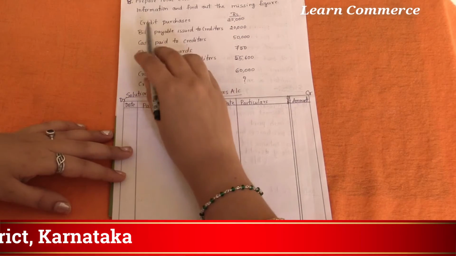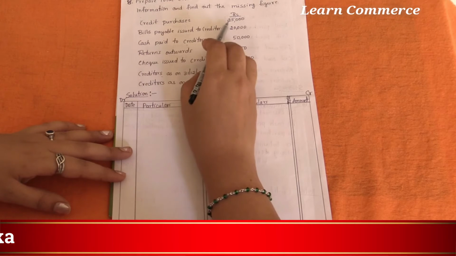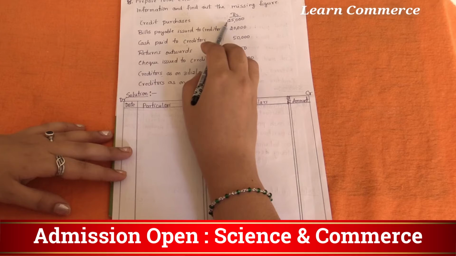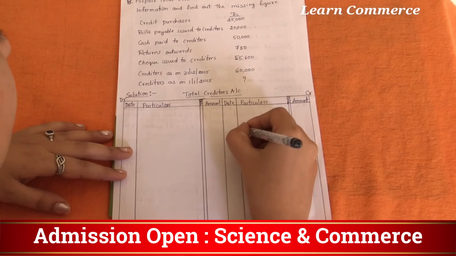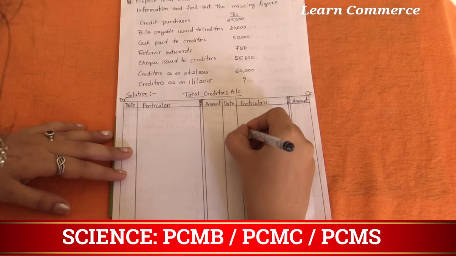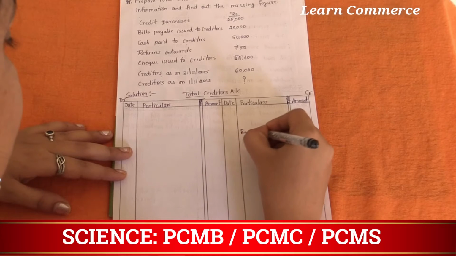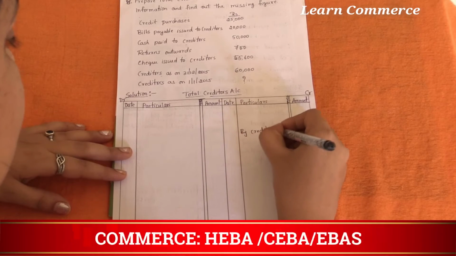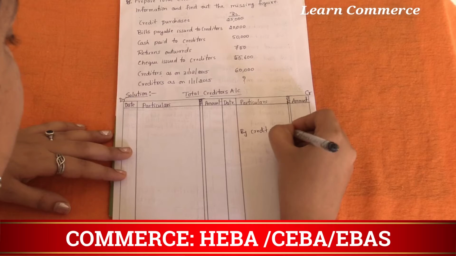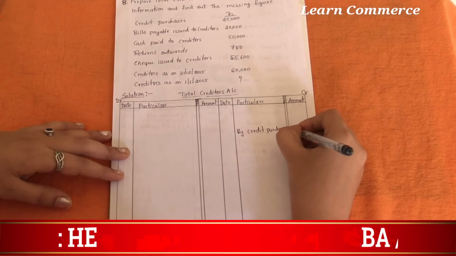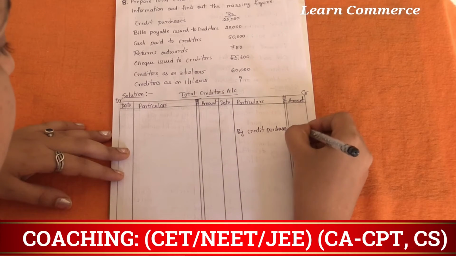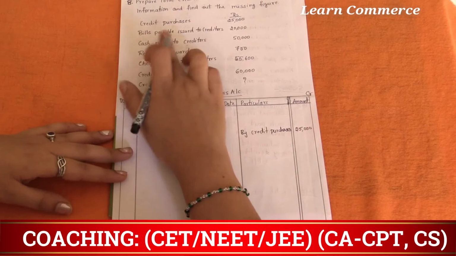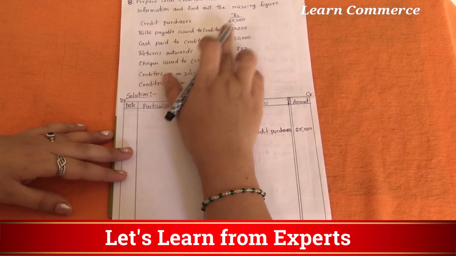Then next one, credit purchases 25,000. The credit purchases should be recorded in credit side, by credit purchase, amount is 25,000. Next one, bills payable issued to creditors 20,000.